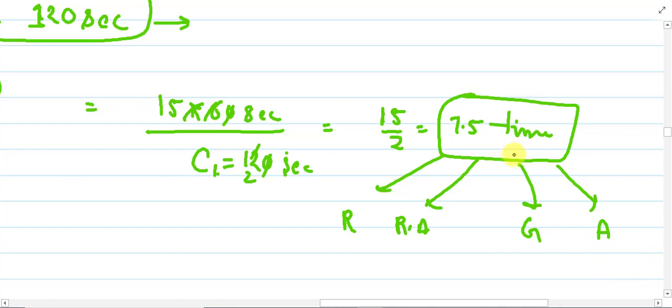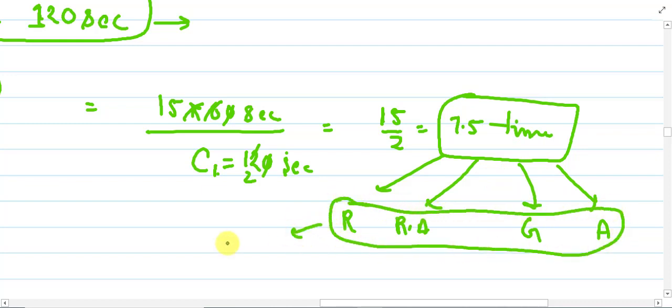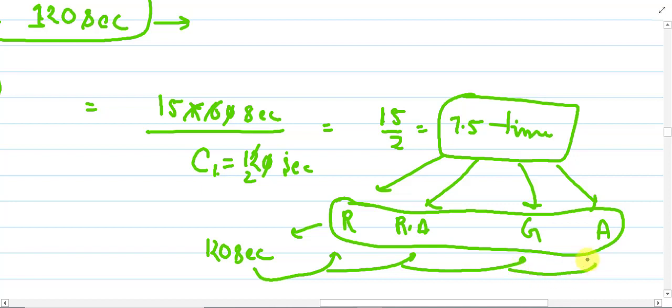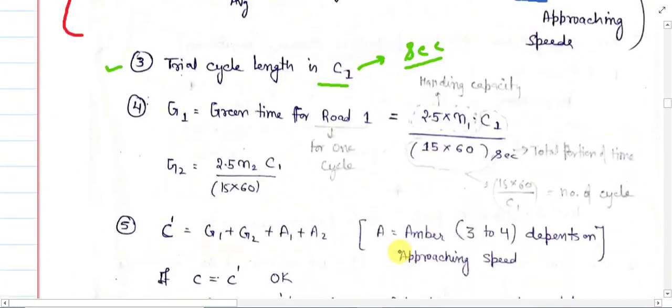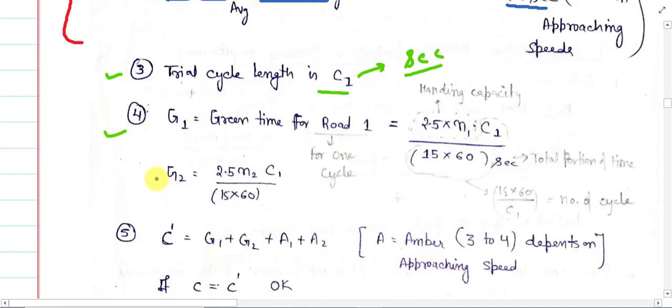Every time the signal repeats itself, this time, which for this case we assume is 120 seconds, will be divided into 4 different times. So this is basically the step third, which is written here. And the last step is you have to find the green time.